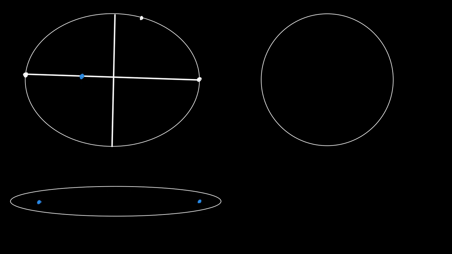It also means that there aren't 2 foci, but 1 center, and the foci overlap at the center. So a circular orbit is special and is a subset of all orbits. So when Kepler said that all orbits were elliptical, he was still referring to orbits that were circular.